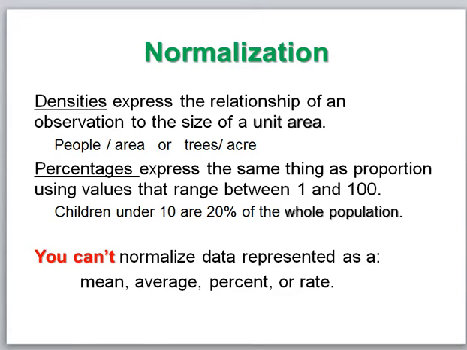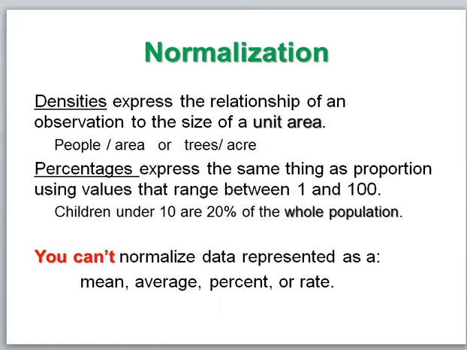So it's the value that you're looking at divided by the unit area. Percentage is another way of normalizing. So you can look at the number of children under the age of 10 as a percent of the whole population, or the number of divorced people as a percent of the whole population.